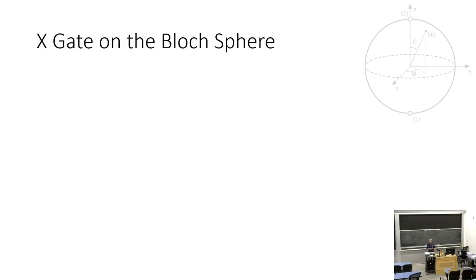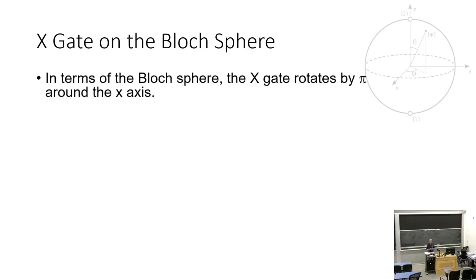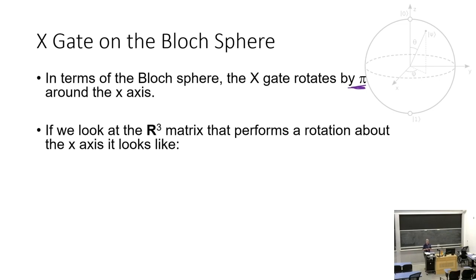So we can also think about what exactly is happening on our Bloch sphere when we're applying this X gate. So the X gate is rotating by pi around the X-axis, okay? We can look at a real 3x3 matrix that performs a rotation about the x-axis.